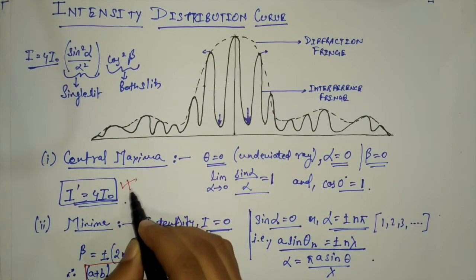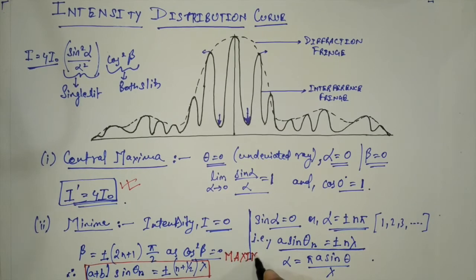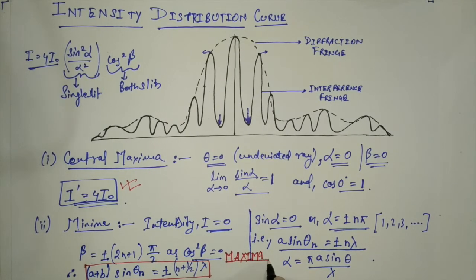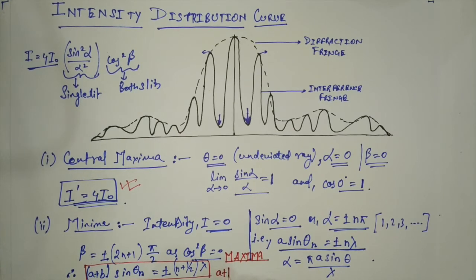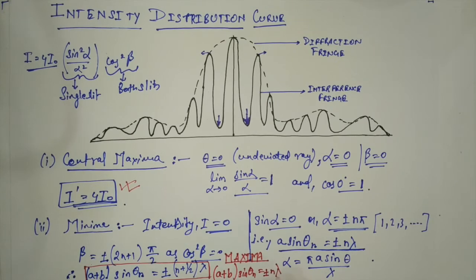And we got this value for central maxima. Hence, we can say the condition for maxima. What is the condition for maxima? A plus b sine theta n will be equal to plus minus n lambda.